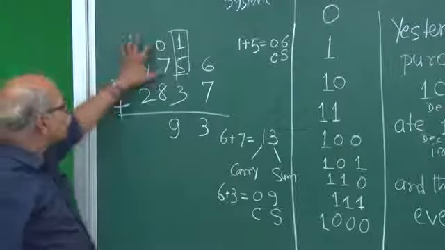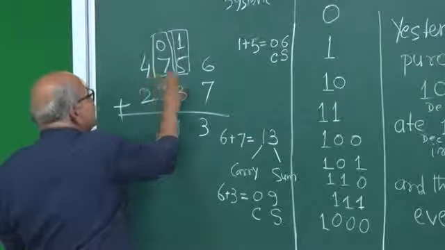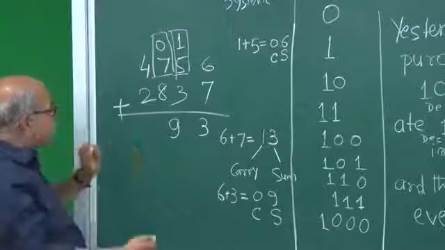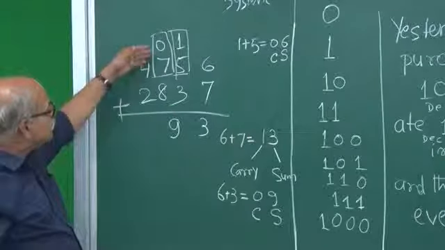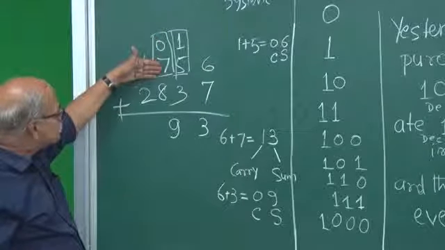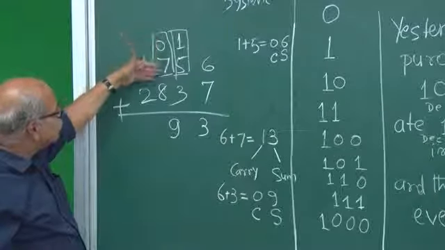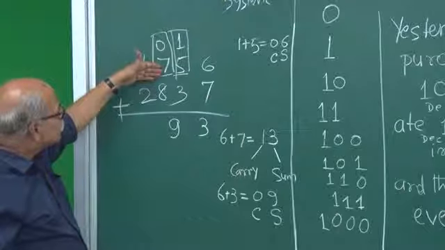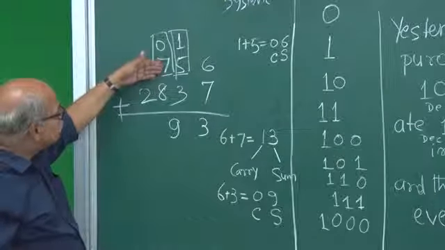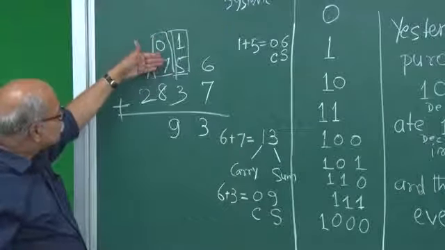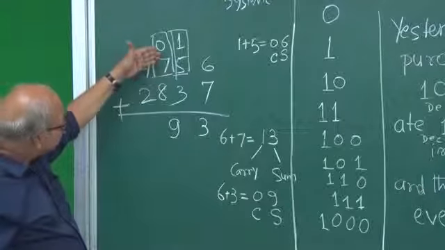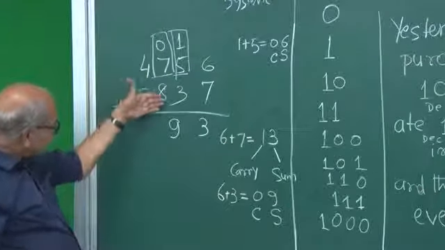Once again 0 plus 7. So, you can see at every step I need to know what is that one digit number plus one digit number, and that again gives me 0, 7. So, the sum is 7 and the carry is 0. So, that sum is to be added here, the carry is to be added next to this number.